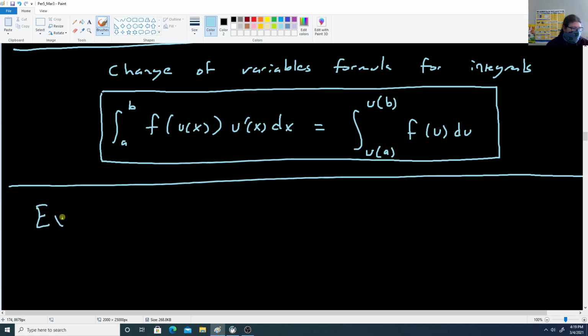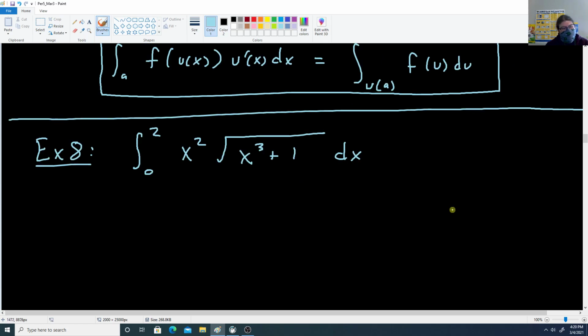This is example 8. We have the integral from 0 up to 2 of x squared times the square root of x cubed plus 1 dx. The inner function is the x cubed plus 1 underneath the square root, so I'm going to set u equal to that.